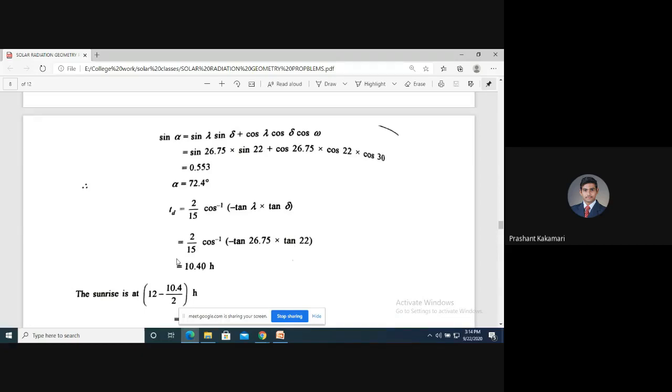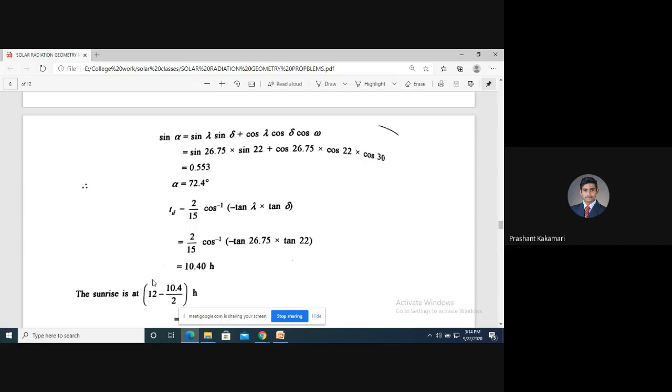In that, the afternoon and forenoon, I can consider as half each. Yes or no? That half becomes the morning part of the day length, and the other half of the day length is in the afternoon. By taking that half, they have taken 12 minus it for the sunrise time, because it is forenoon.